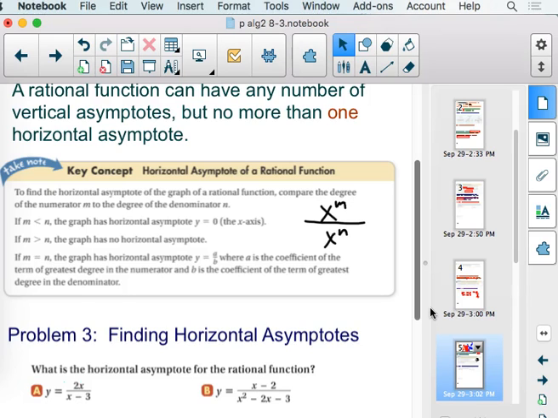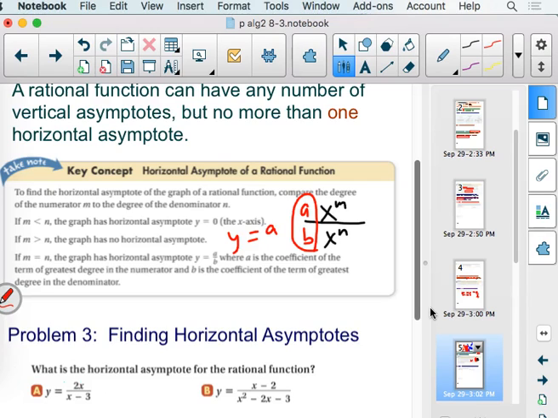So if this power up here for the degree is greater than the one down here, we don't get one. Then, if the degrees are equal, here's what we do. We look at the numbers in front of these two terms, and we use them as a fraction for our asymptote.